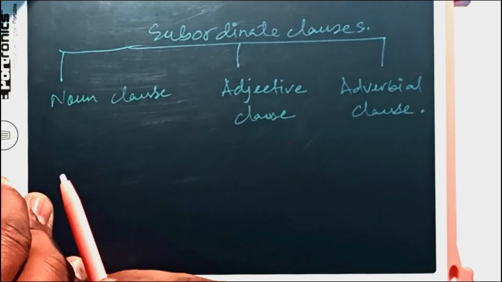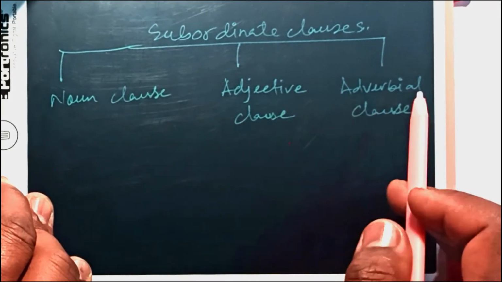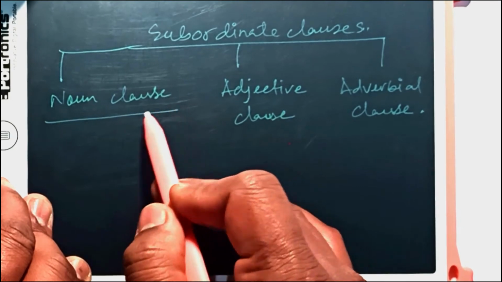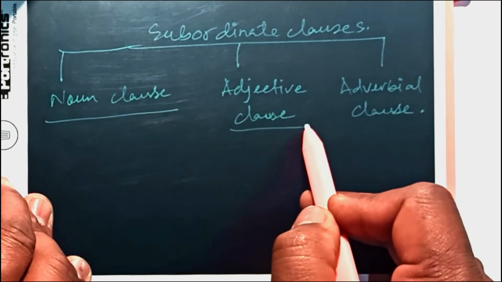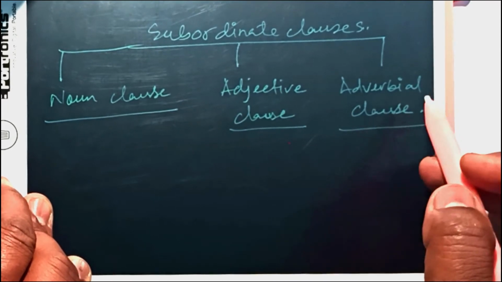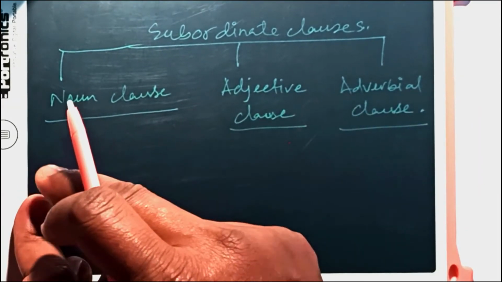Okay, so we are going to discuss these three clauses separately. We will first of all discuss the noun clause. It works as a noun, an adjective clause works as an adjective, and an adverbial clause works as an adverb. Okay, so that's how it is.